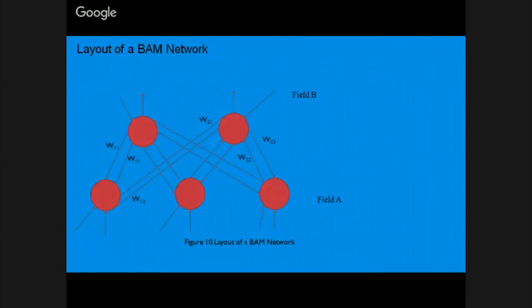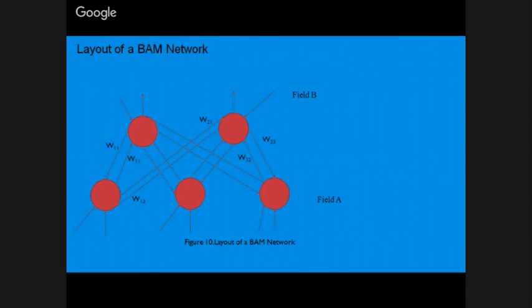So if we look at the first neuron in field A and the first neuron in field B, we have two weights between them, W11. One is from field A to B, the other is from B to A. Then similarly we have W21, which is connecting the first neuron in field A to the second neuron in field B. Then the second neuron in field B is also connected to the first neuron in field A via W12.